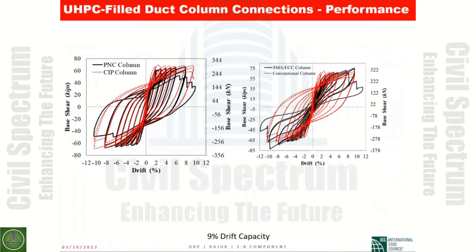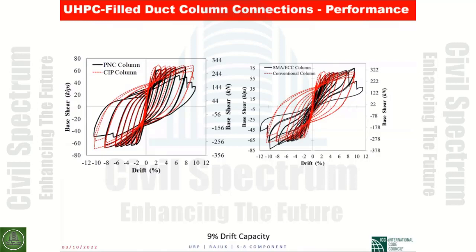So what you're looking at here is the lateral force versus the drift ratio of the column. Let's concentrate on the one on the left side. On the left side, we had the results for a conventional reinforced concrete column. That one is shown in red. So that's CIP, that's cast in place column.